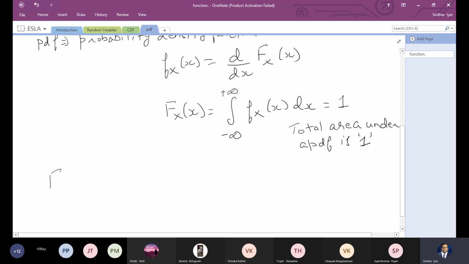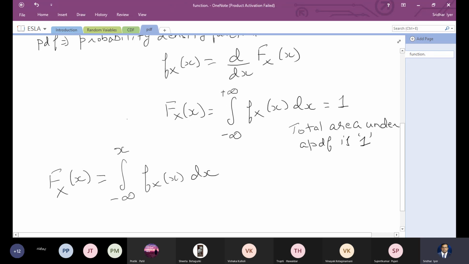Also, if you're not conducting an experiment till plus infinity, you can write in general that the CDF can be obtained from the PDF starting at the lowest value, that is, when you have not conducted any experiment, till some value x, of f_X(x) dx. So you can see the difference here.